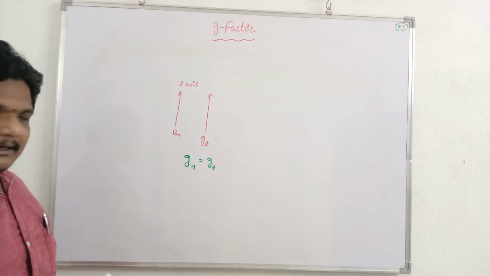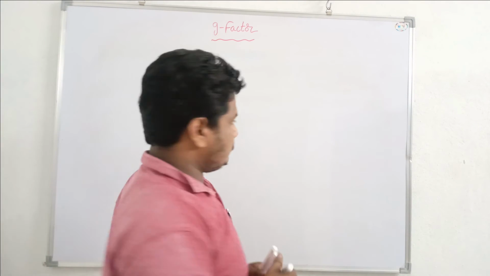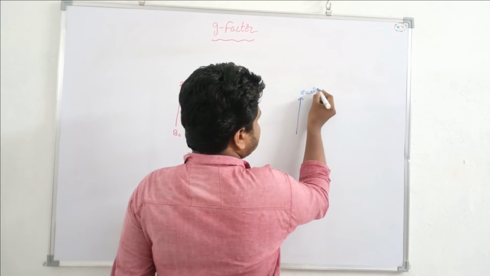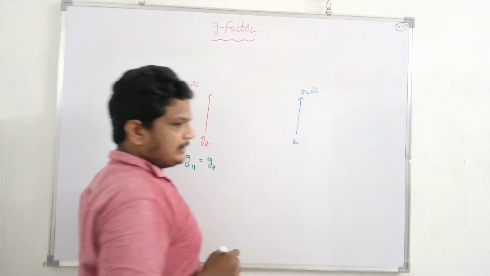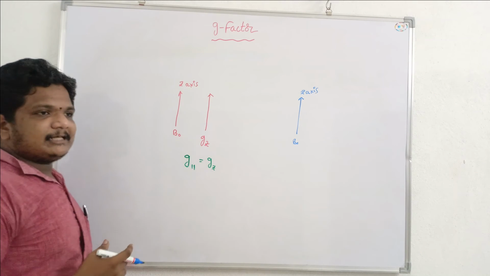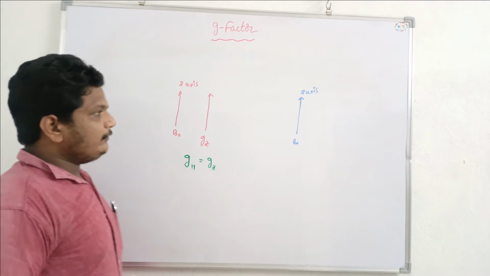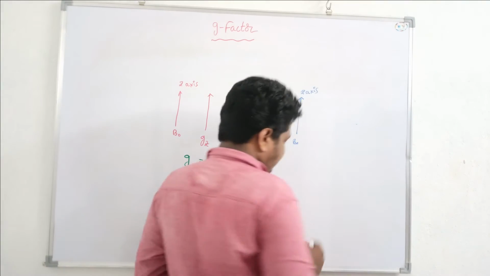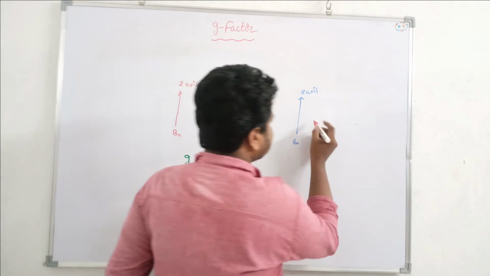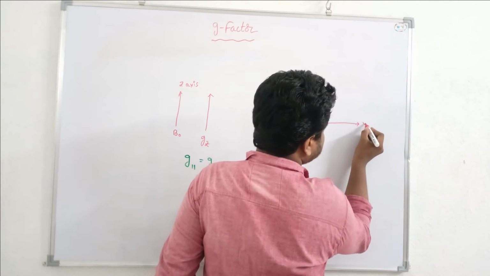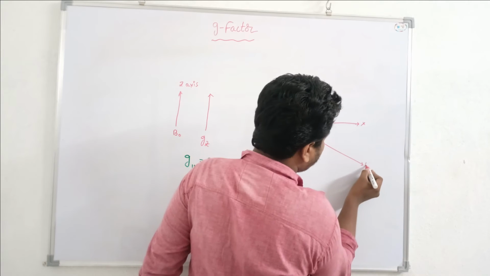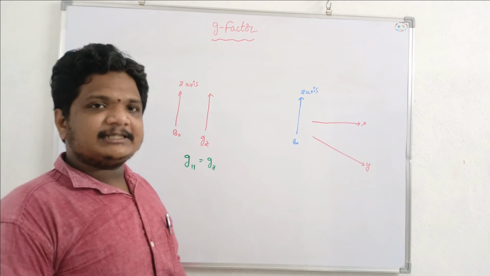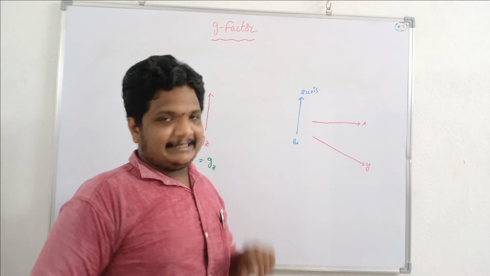If you consider the x-axis and y-axis, again this is the z-axis, along which the external magnetic field is applied. The g value along the x-axis and the g value along the y-axis are perpendicular to the z-axis.